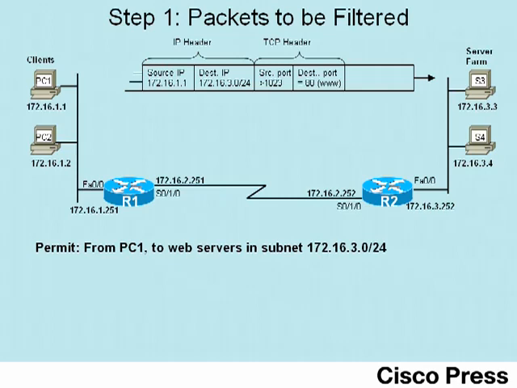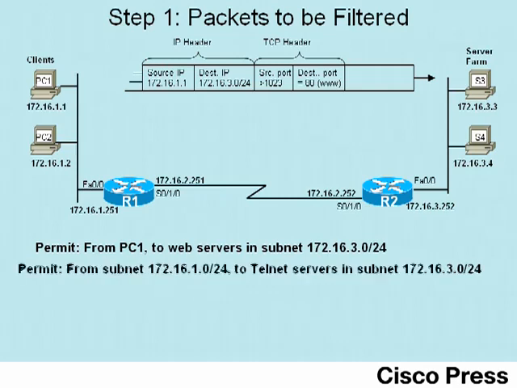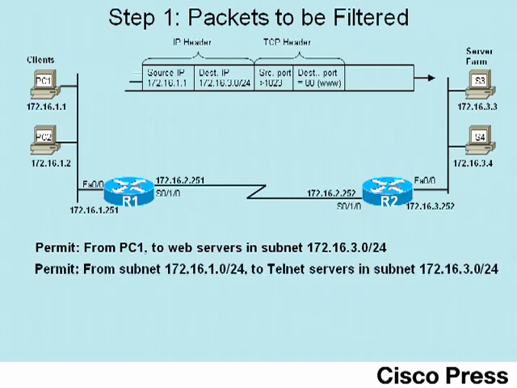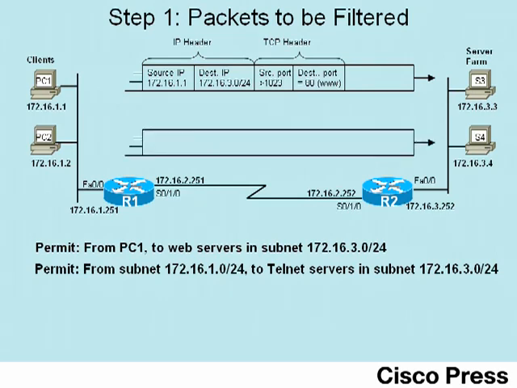For the second criteria for this access list, we'll say that any clients in subnet 172.16.1 that try to connect to a telnet server in subnet 172.16.3 should also be permitted. So in this case, if you look at the packet headers, notice we'll use a shorthand of 172.16.1.0 with a /24, meaning subnet 1, and 172.16.3.0 with a /24 mask, meaning subnet 3.